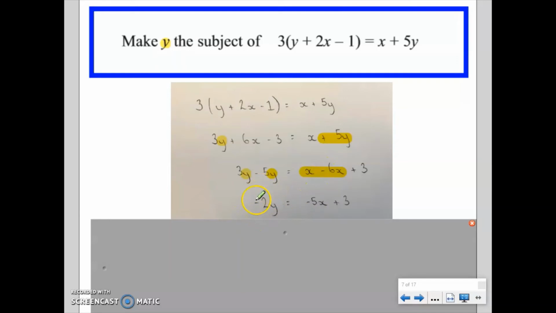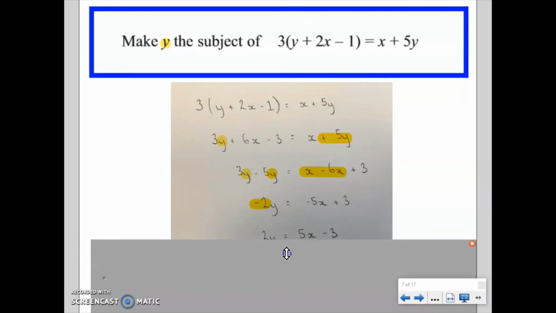At this point here, I'm still not dealing with y. I'm trying to make y the subject. But I do have a multiply by minus 2 on this side. So because I'm multiplying by minus 2, what I wanted was to ensure that I was dealing with a positive y. So I have multiplied everything by minus 1.